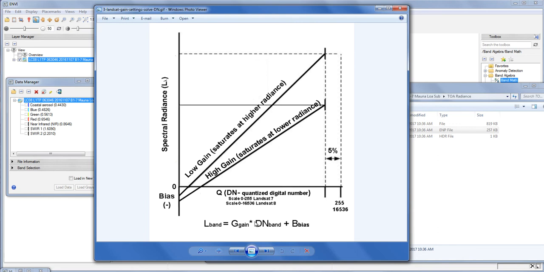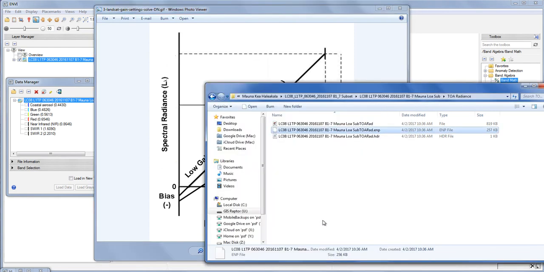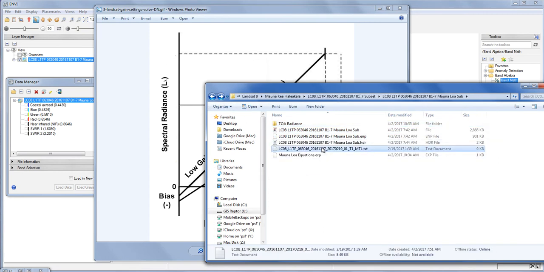So where do we get these numbers? We know where we get the DN number. It's just the pixel value for the band. We need to find the gain and the bias numbers. There's two places that you can find these things. One is in the original header file, and I've copied it over into this thing right here. That's the MTL text file.